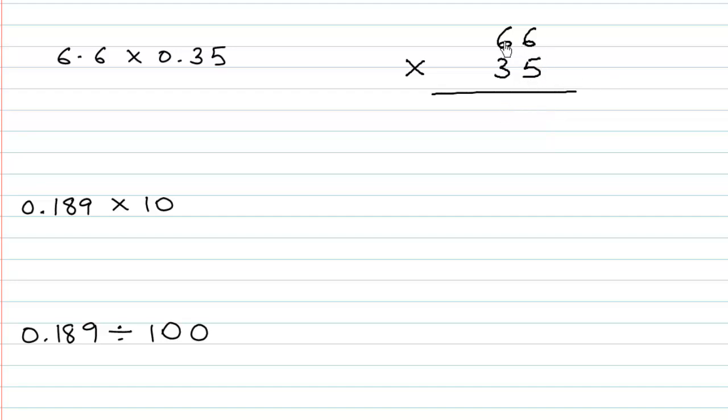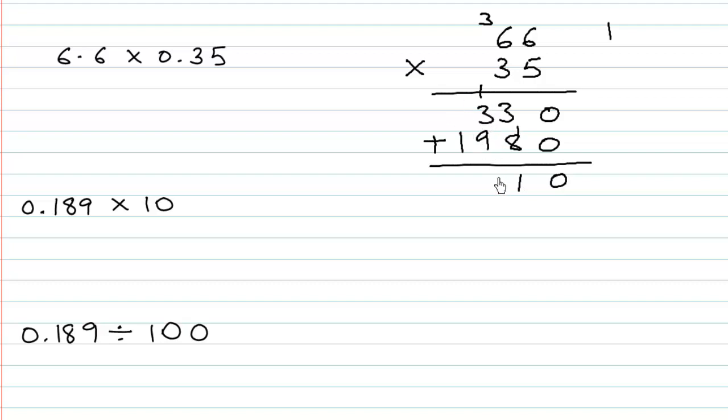So just multiply 66 and 35. 6 5s are 30, 3 carry, 6 5s are 30, 33. Then we have a 0, 3 6s are 18, 1 carry, 3 6s are 18 plus 1, 19. And then add them: 0, 11, then 9 plus 1 is 10, 13, 1 carry, 2.